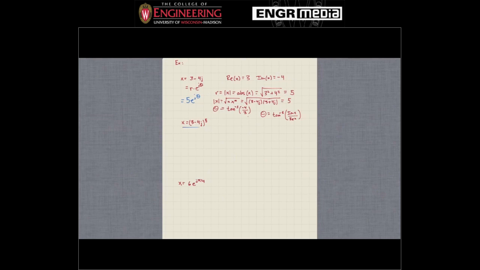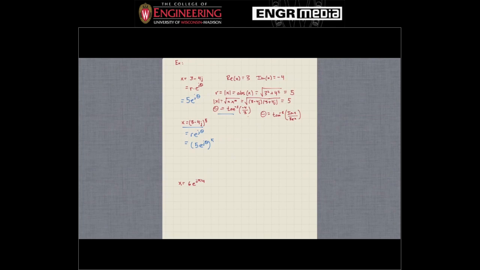So now this next example, we should be able to go through a lot quicker. Let's just try and get this in the form r e to the j theta. Well, we know from before we can write x as follows. x is simply, using the same theta that we had before, 5 times e to the j theta, where theta is defined right here.